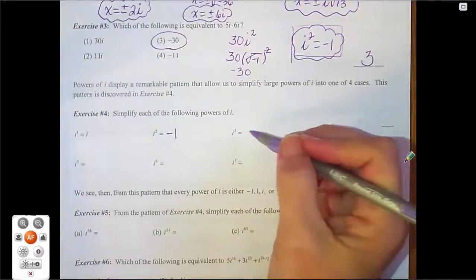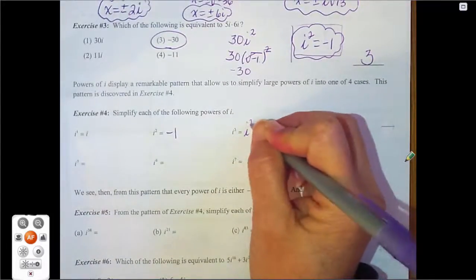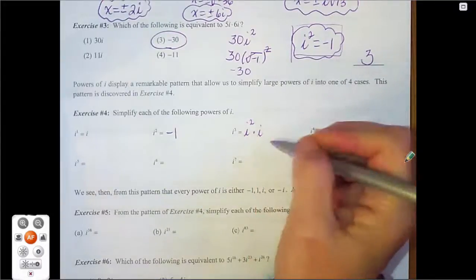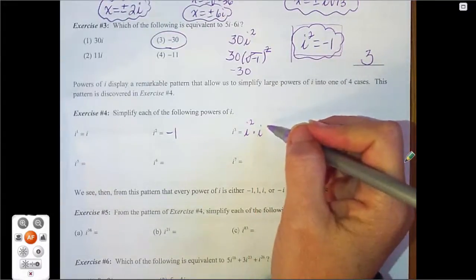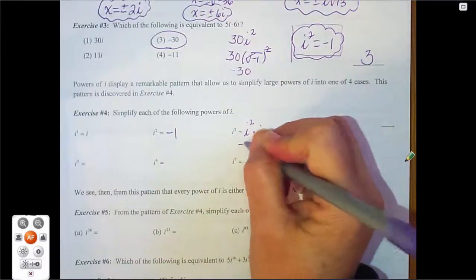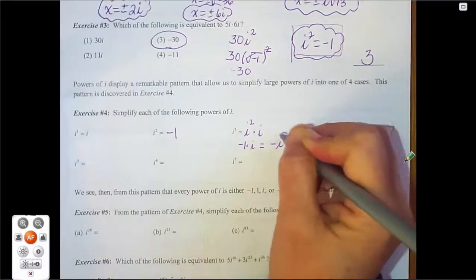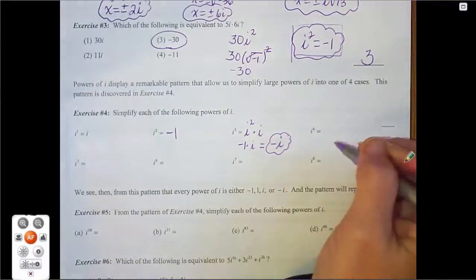What about i cubed? Well, I could rewrite i cubed as i squared times i, using our exponent rules. And we just discovered that i squared is negative 1. So this would be negative 1 times i, or negative i. So i cubed is negative i.